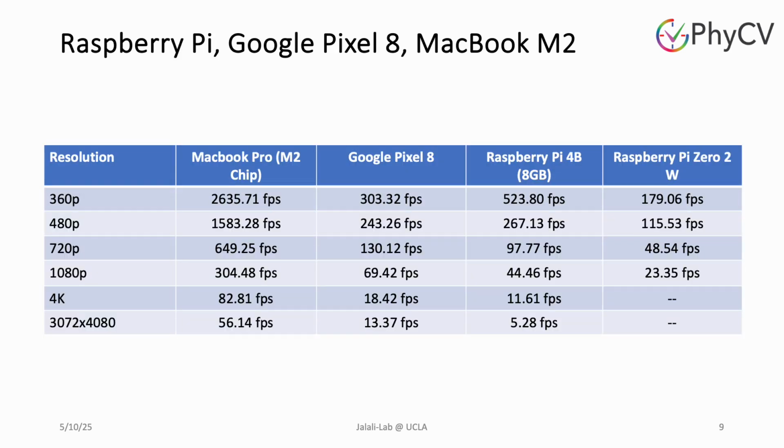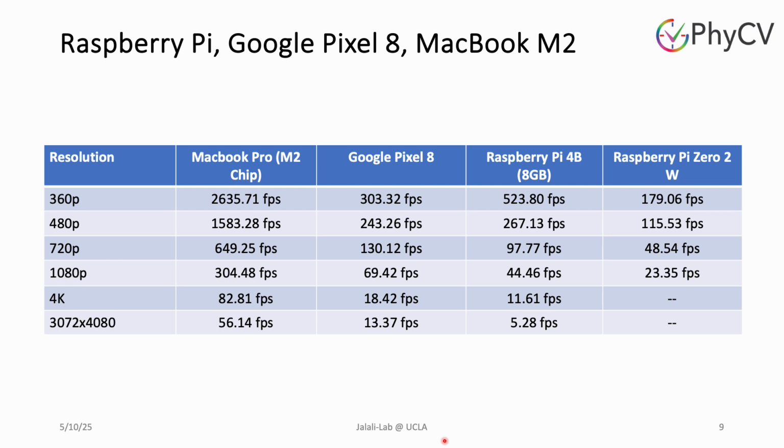This table demonstrates Vivid 2's remarkable processing performance across multiple platforms, showcasing its exceptional computational efficiency. The MacBook Pro with M2 chip delivers outstanding performance, maintaining 56 FPS even at extreme resolution exceeding 4K. What's particularly impressive is that ultra-high resolution 4K processing extends beyond desktop computing.